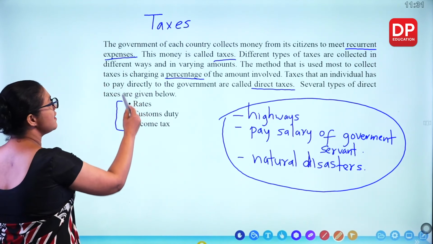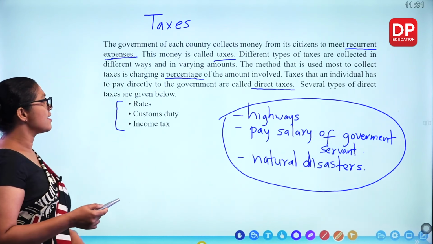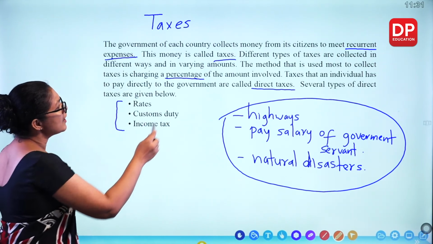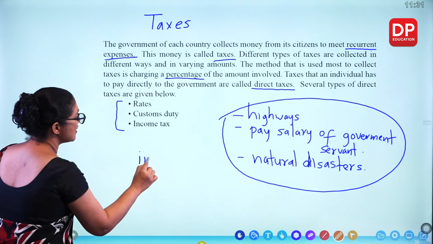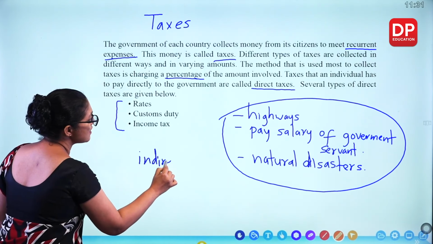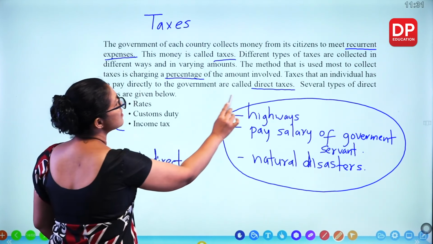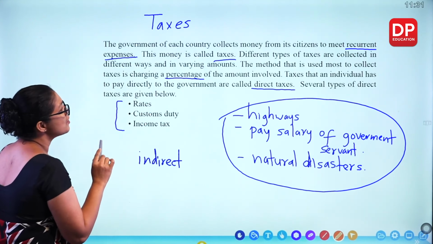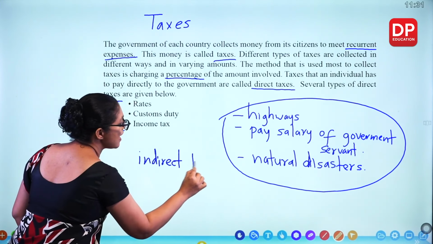Now, these are direct taxes: rates, customs duty, income tax. But what are indirect taxes then? Indirect taxes are taxes that are not paid directly to the government.